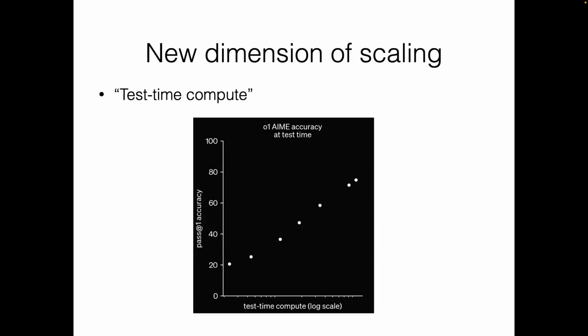The techniques we'll talk about today can give you this new dimension of scaling. Here, test time compute is essentially generating more and more tokens with a given model, and in that sense spending compute. You can see that the model's accuracy is getting higher and higher. The strategies that you would use to do this fall under this umbrella of inference strategies, or what I'm calling advanced inference strategies.